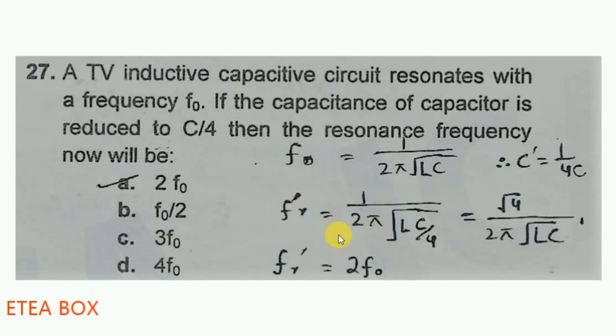The new frequency will be 1 over 2π√(LC/4). Now bring the square root of 4 up, so it will be √4 divided by 2π√(LC). Now we know that this one is equal to F0, so instead of this term, put F0 here. You will get 2F0, since the square root of 4 gives 2. So the new resonance frequency will be 2 times the original resonance frequency.